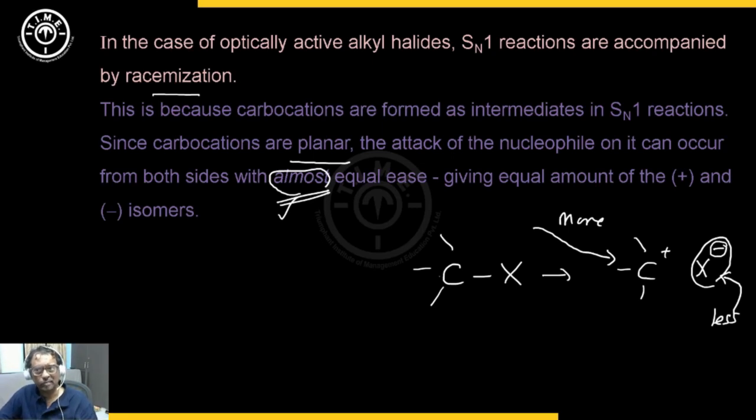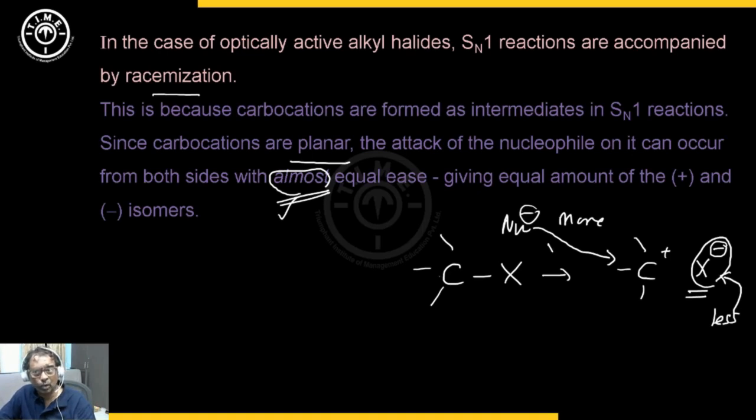Are you getting the point? So the nucleophile is finding the rear side attack more than the front side attack, because in the front the X minus has not left the position. Only when X minus moves out completely can the nucleophile come, is it not? So it is not 50-50.